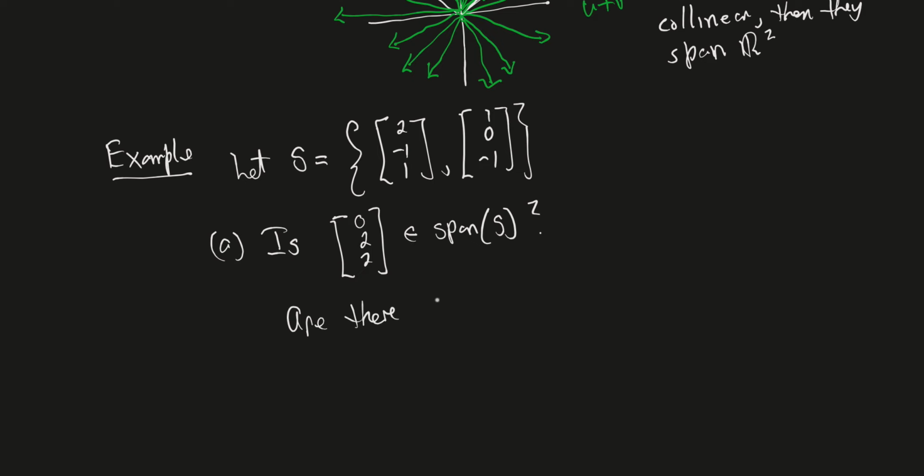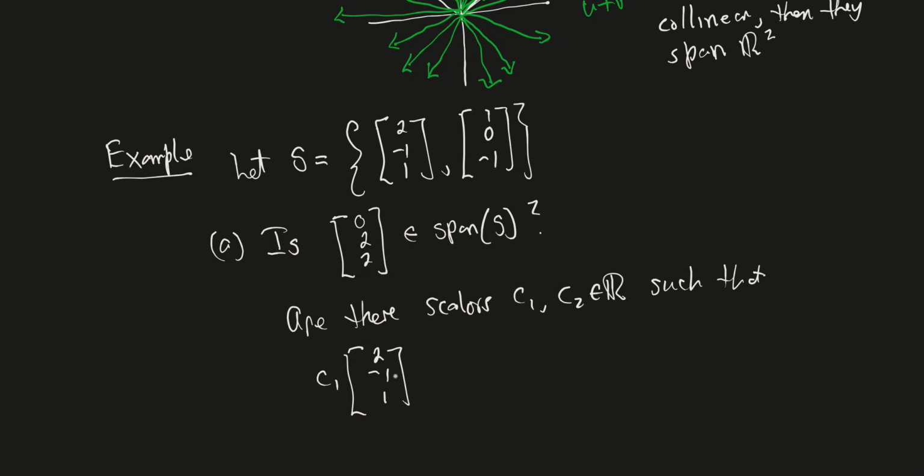So let's retranslate this question. Are there scalars C1, C2 such that if I take C1 times my vector 2, negative 1, 1, and then add to that C2 times my vector 1, 0, negative 1, it is possible to get the vector 0, 2, 2? All right.